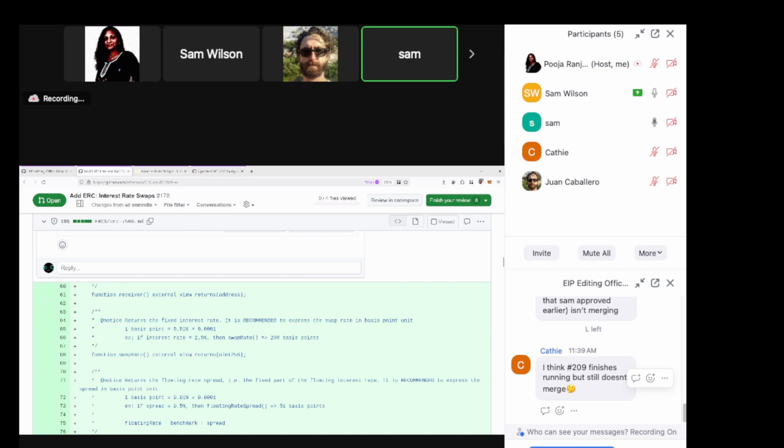So these are the codes in the financial system. The party who pays the fixed rate interest is always called the payer, and for the floating part, it's always called the receiver.